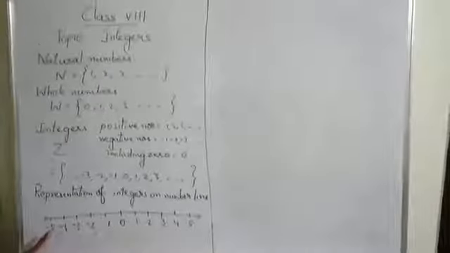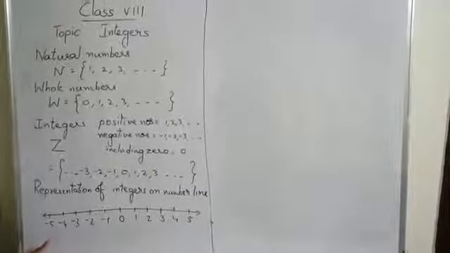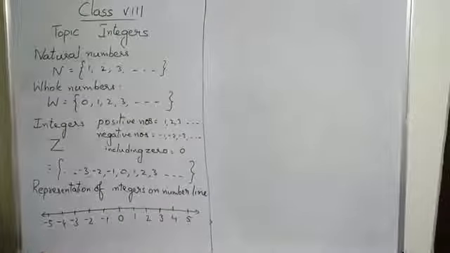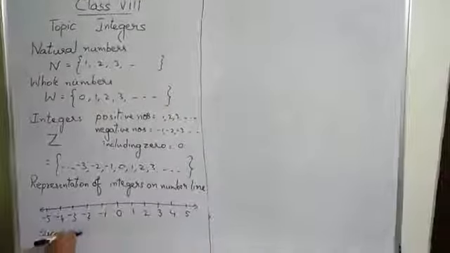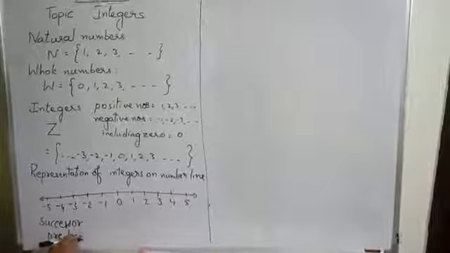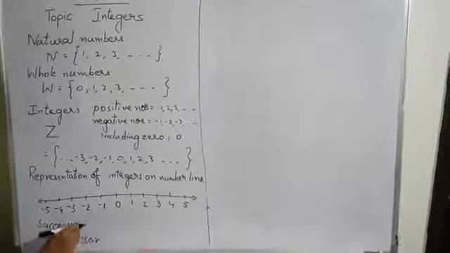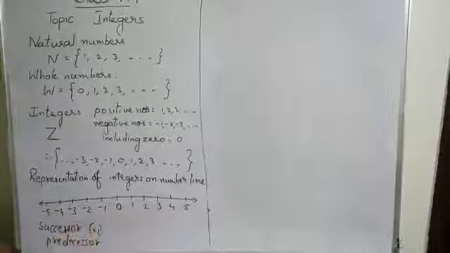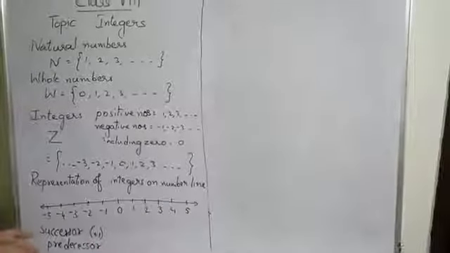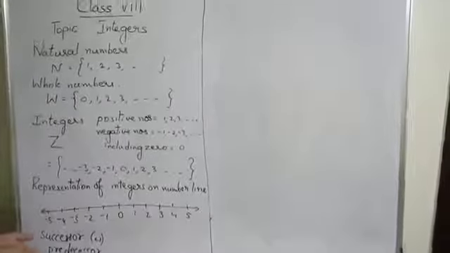Now we learn what is the successor and predecessor of integers. What do you mean by successor? +1. That means you are adding 1 to a given integer or any number which is given.